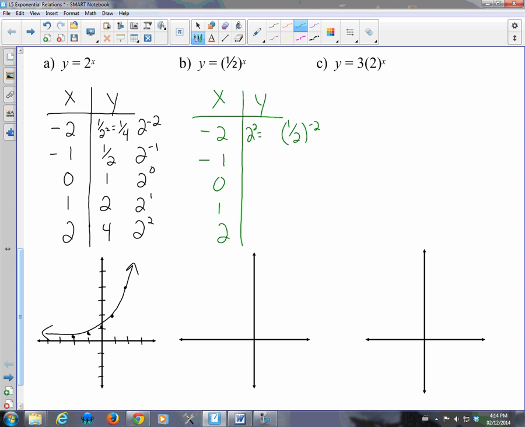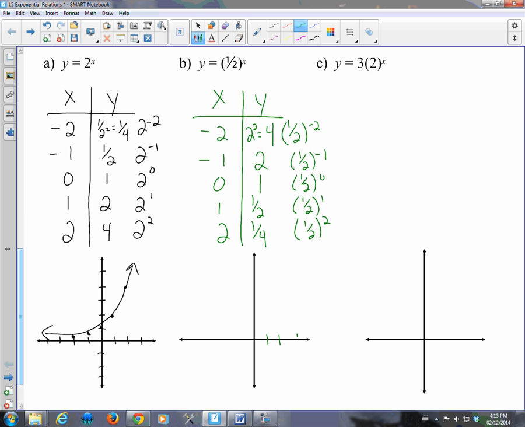So I have 2 to the exponent 2, which is 4. And then I would have 1/2 to the -1, flip my base around and make my exponent positive. So I have 2 to the 1, which is 2. And then I have 1/2 to the 0. Anything to the 0 is 1. 1/2 to the 1, and 1/2 to the 2. And I get my values.